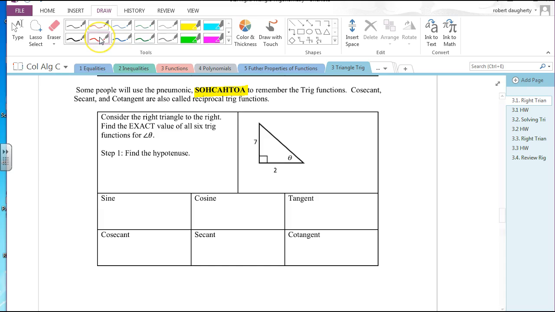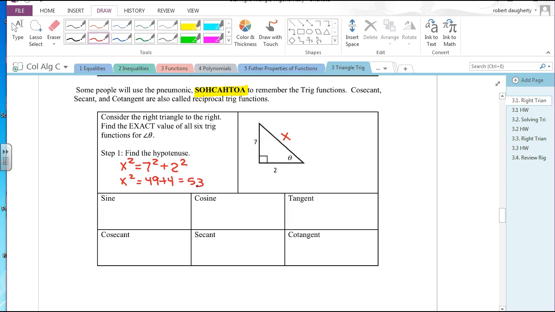So if this side is x, and that's what I'm trying to figure out, I know that x squared is equal to 7 squared plus 2 squared. So x squared is equal to 49 plus 4, which is 53. So x squared equals 53.